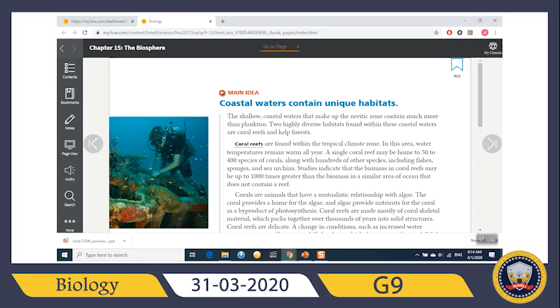A single coral reef may be home to 50 to 400 species of corals, along with hundreds of species of fishes, sponges, and sea urchins. SpongeBob, the cartoon, actually comes from these creatures living in coral reefs.